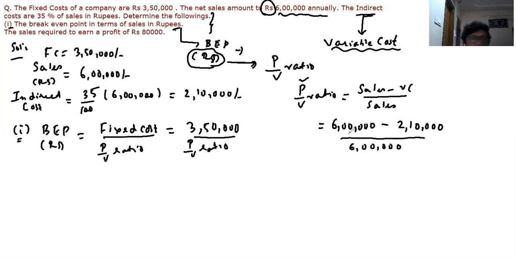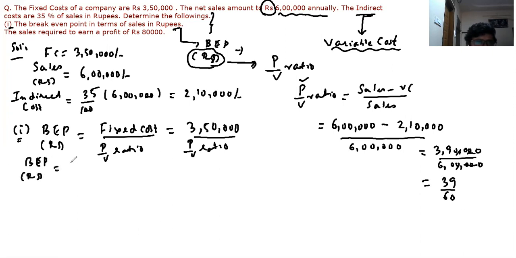So we'll get this as 3,90,000 divided by 6 lakhs. So we get the P by V ratio as 39 by 60.